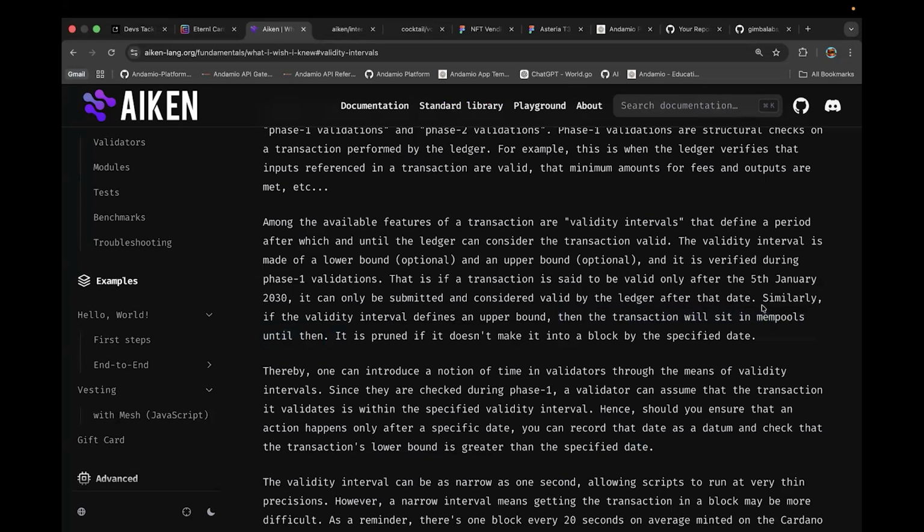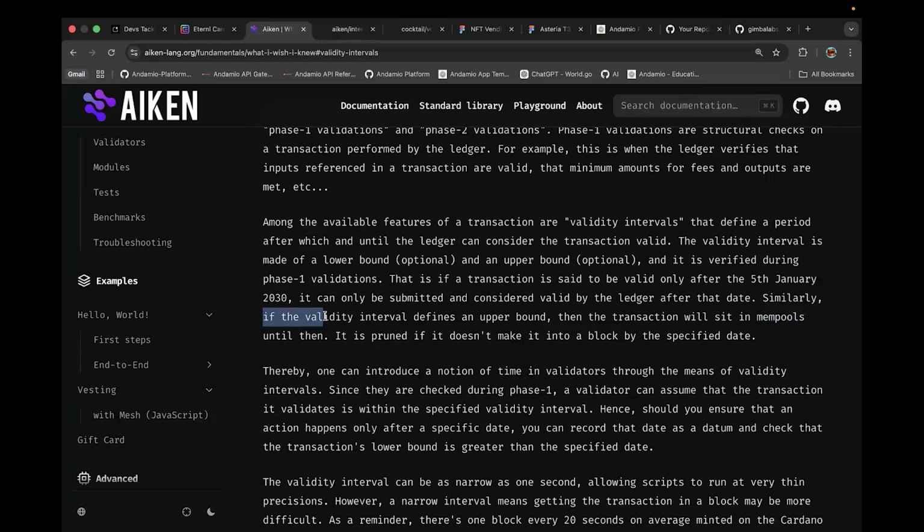Did you guys understand this specific line? I don't particularly know the mempool. You don't even have to know what a mempool is. It's just a memory pool. That means the transaction is just sitting there waiting for this deadline, but I don't understand it.